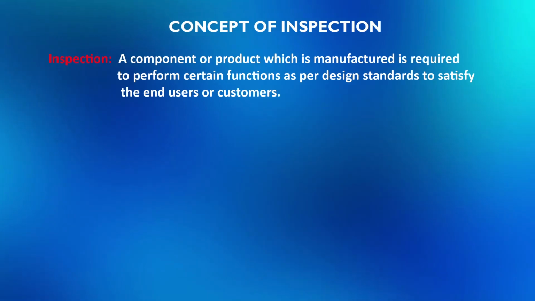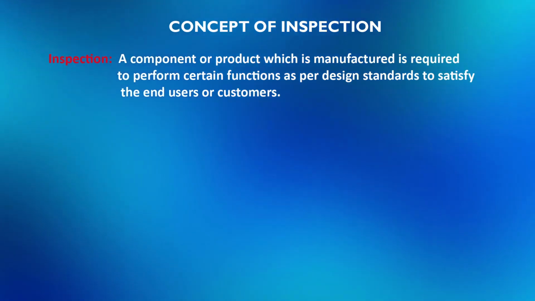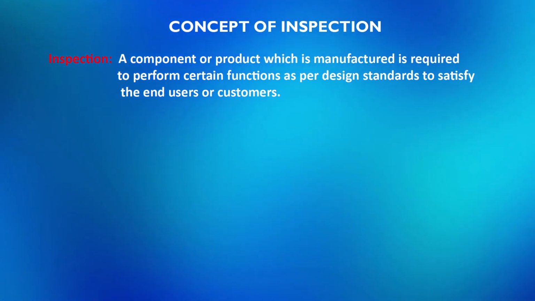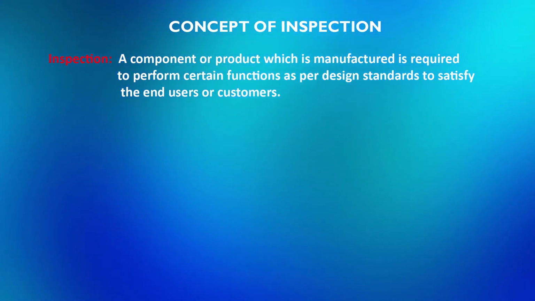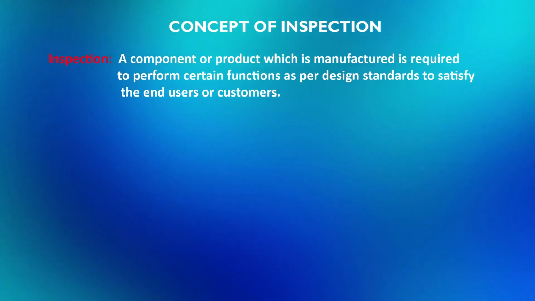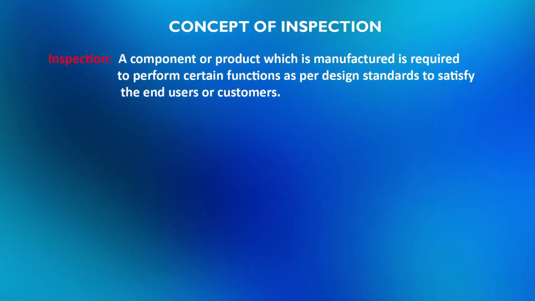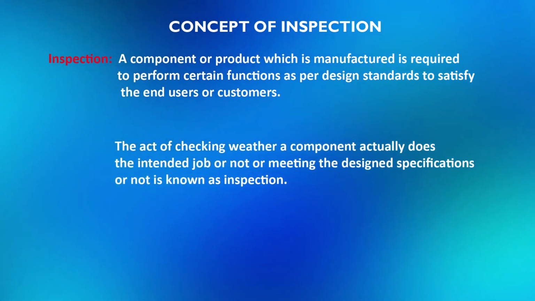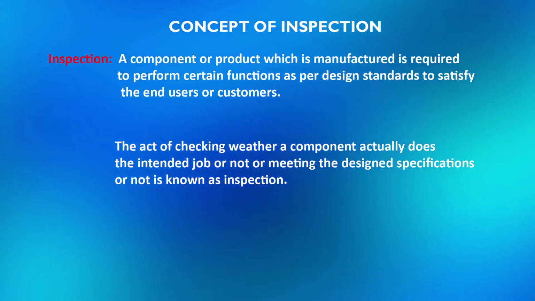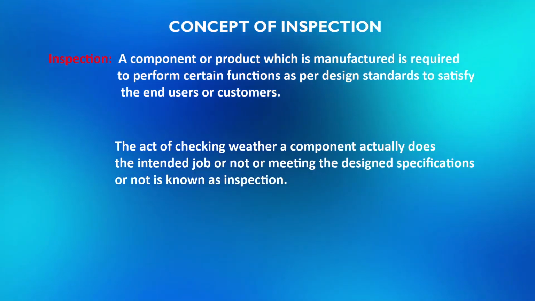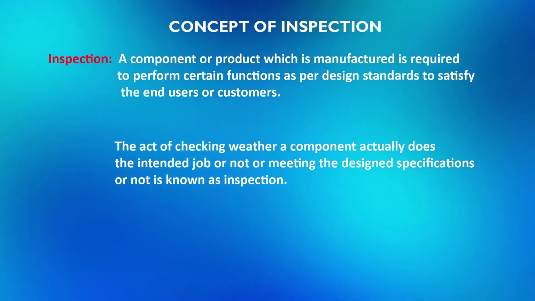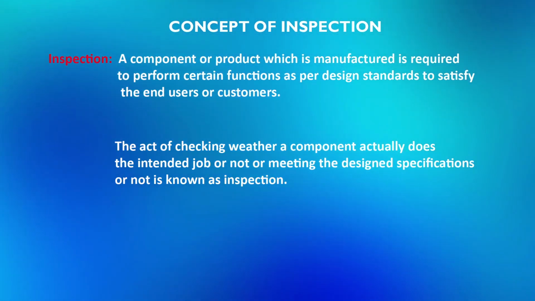Concept of inspection. A component or a product which is manufactured is required to perform certain functions as per design standards to satisfy the end users or customers. The act of checking whether a component actually does the intended job, meeting the design specifications or not, is known as inspection.